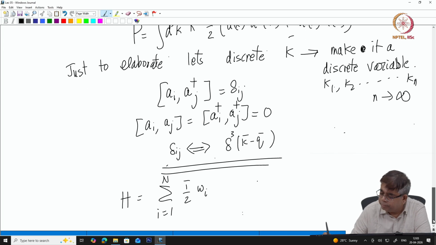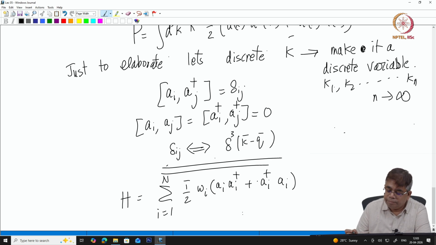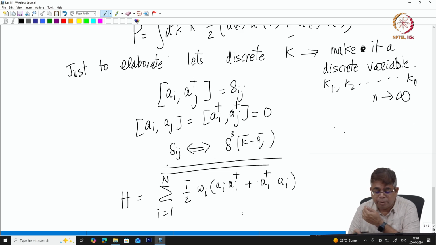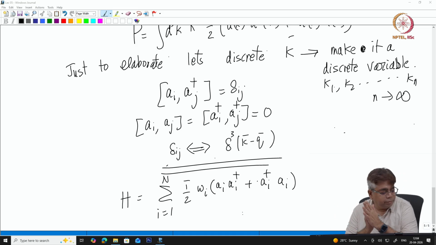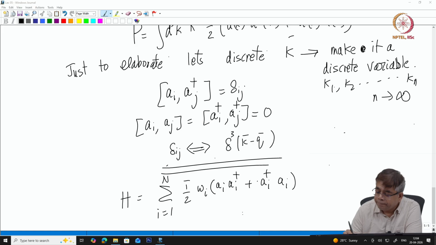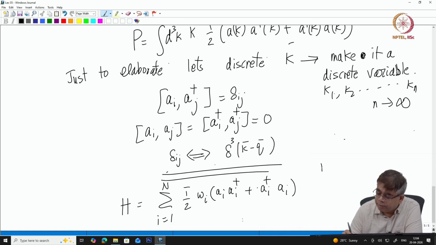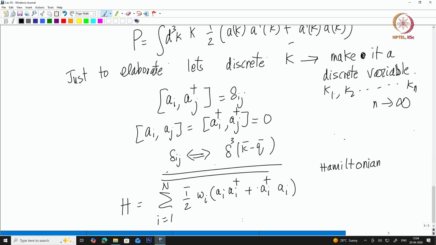The Hamiltonian is 1 by 2 omega i times (a_i a_i dagger plus a_i dagger a_i). Now this is a Hamiltonian of a series of harmonic oscillators, running from 1 to n.